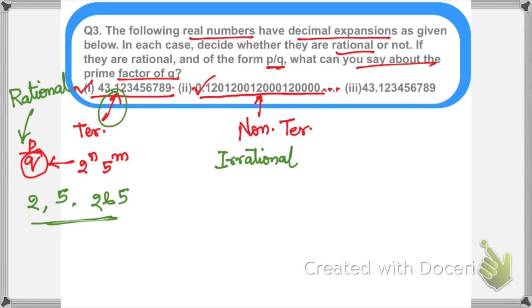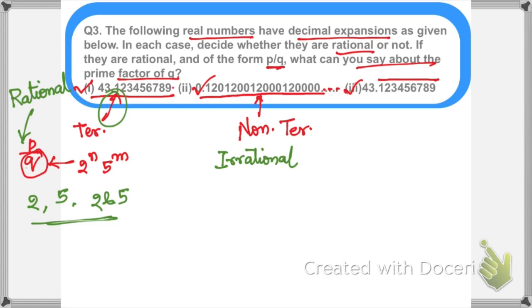Okay. Now, coming to the third question, 43.123456789, and you also have a bar sign on top of it. So, how will you do it?